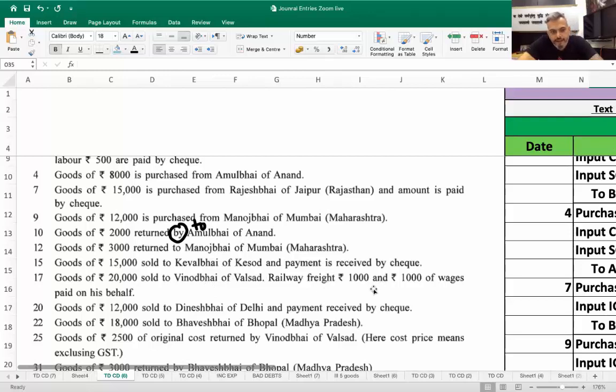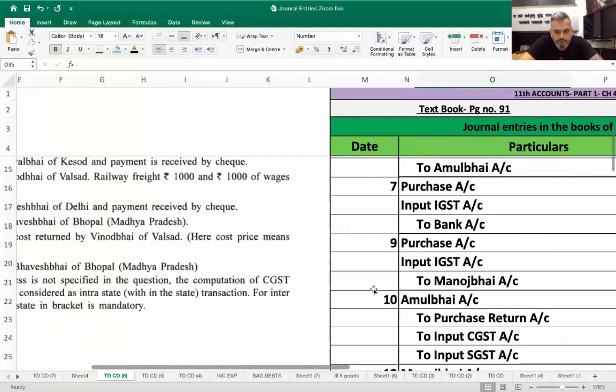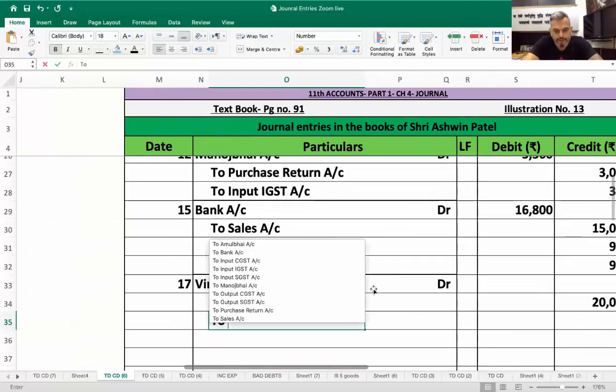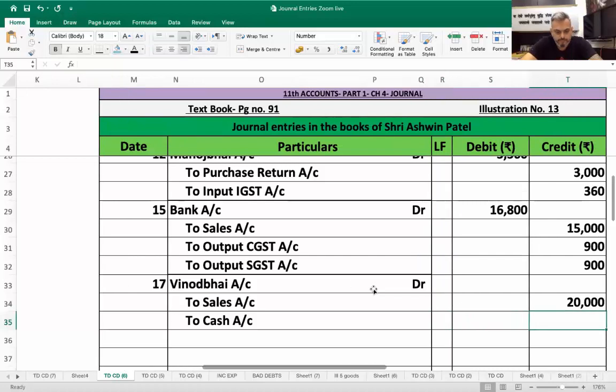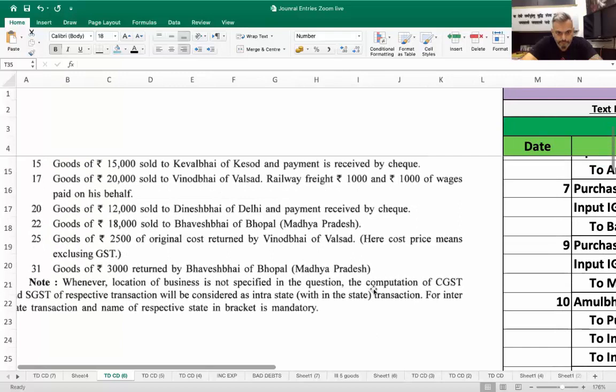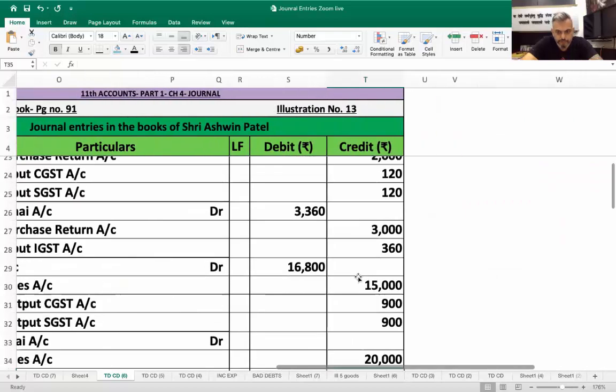Railway freight and wages we are paying on his behalf. So cash goes out for it. So to cash account 2,000.